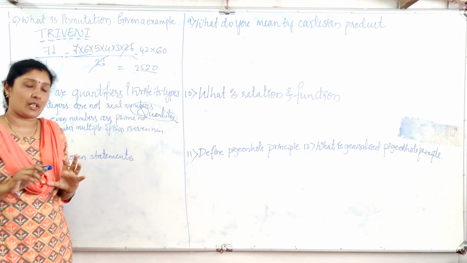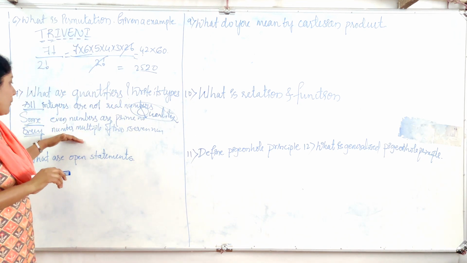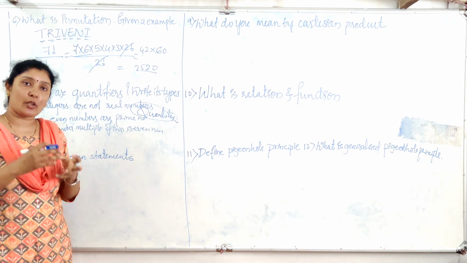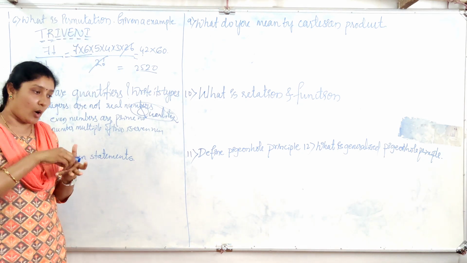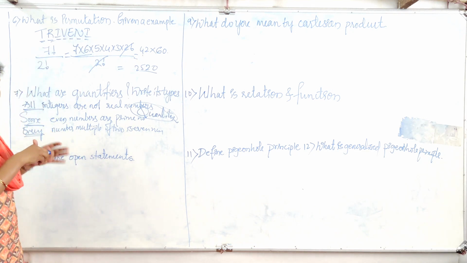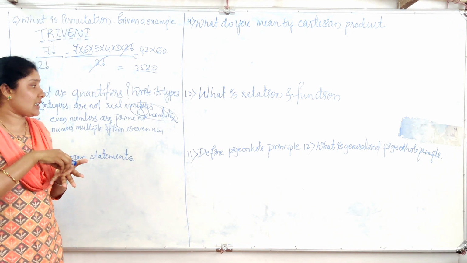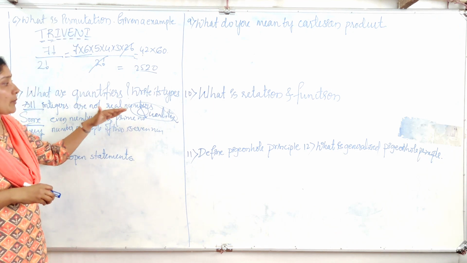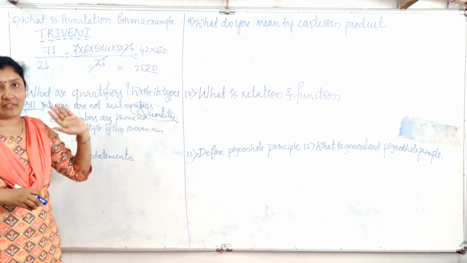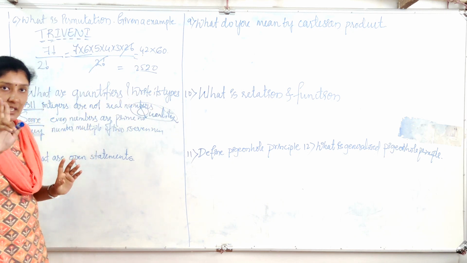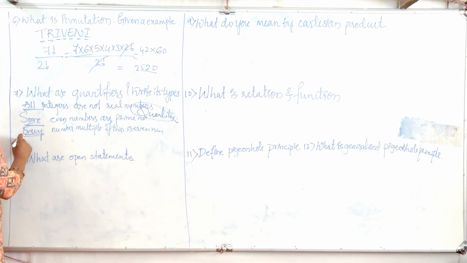So what are quantifiers? The compound propositions in which the words all, some, every, each are there, then such compound propositions are called quantifiers. Okay, types, there are 2 types. One is universal quantifier.